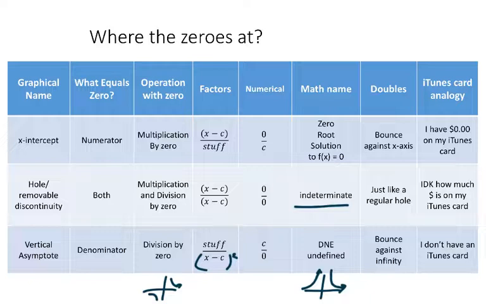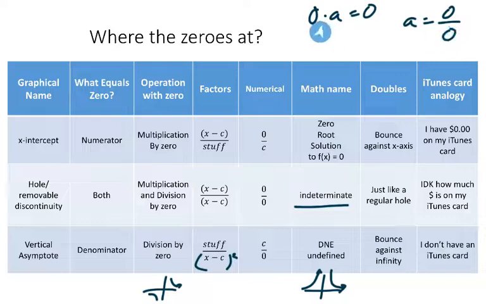If I've got 0 times A equals 0, well, then I solve for A, that would be 0 over 0. But because of the zero product property, A could literally be anything. I cannot determine what it is, so we call it indeterminate.